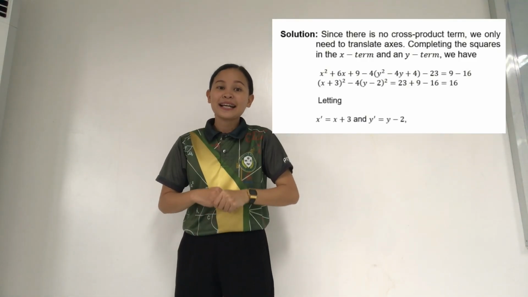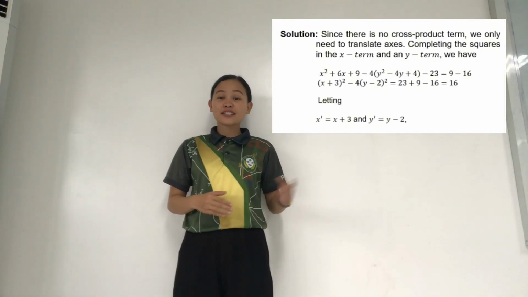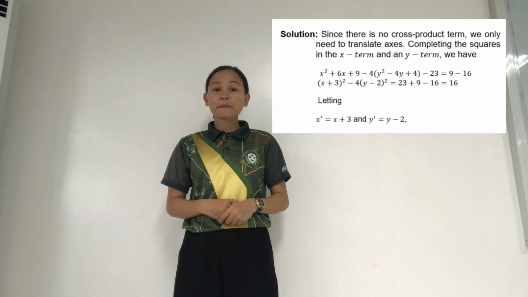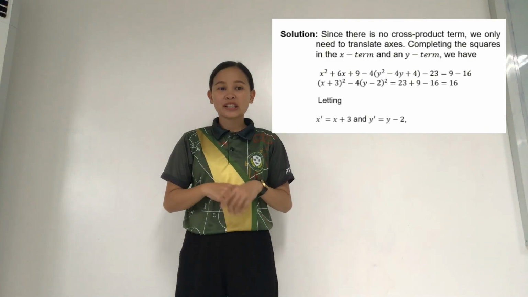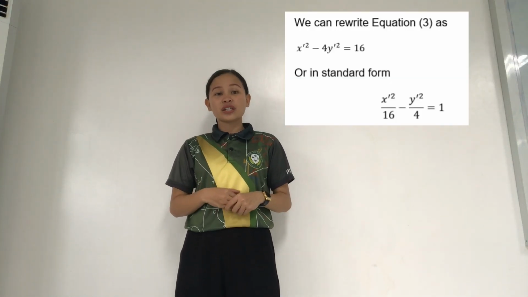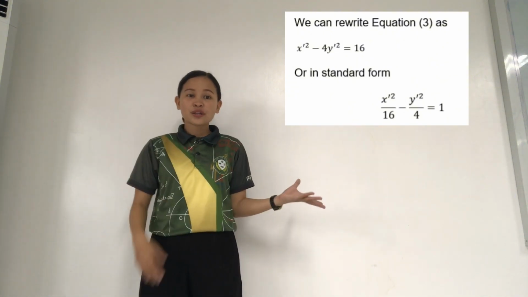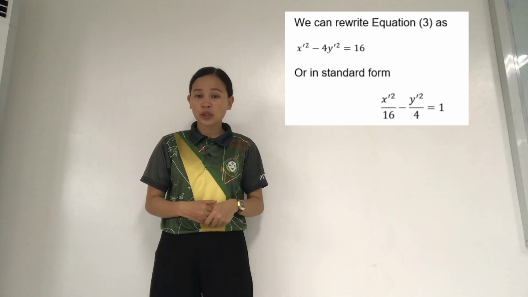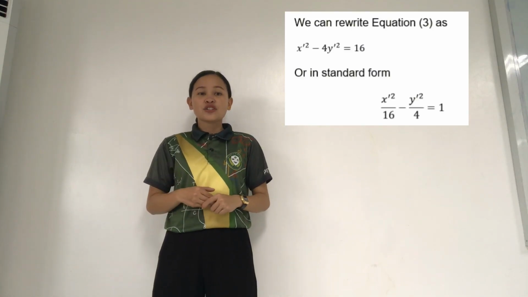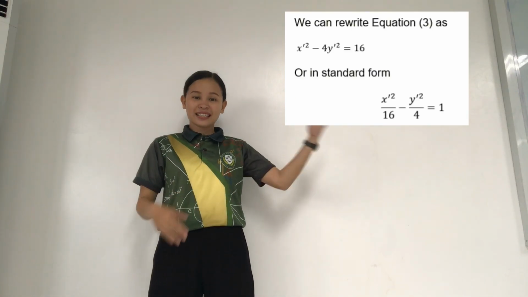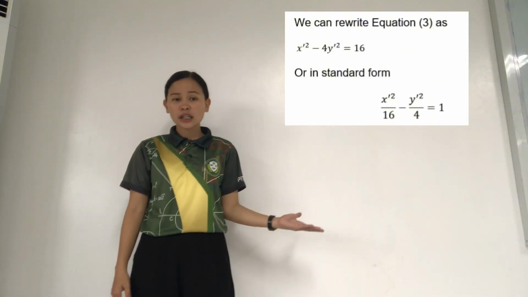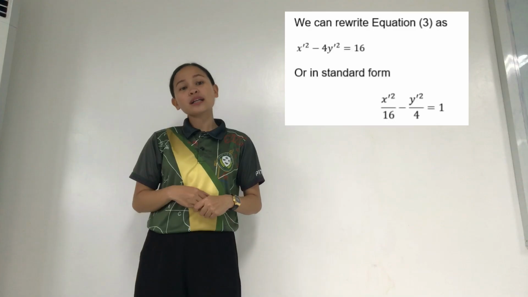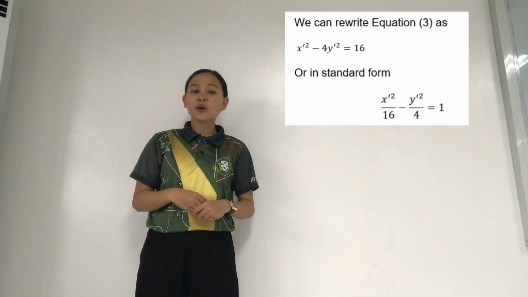The answer is 16. Let x prime be equal to x plus 3 and y prime equal to y minus 2. So we can rewrite the equation as follows: x prime squared minus 4y prime squared is equal to 16. The standard form is x prime squared divided by 16 minus y prime squared divided by 4 is equal to 1.